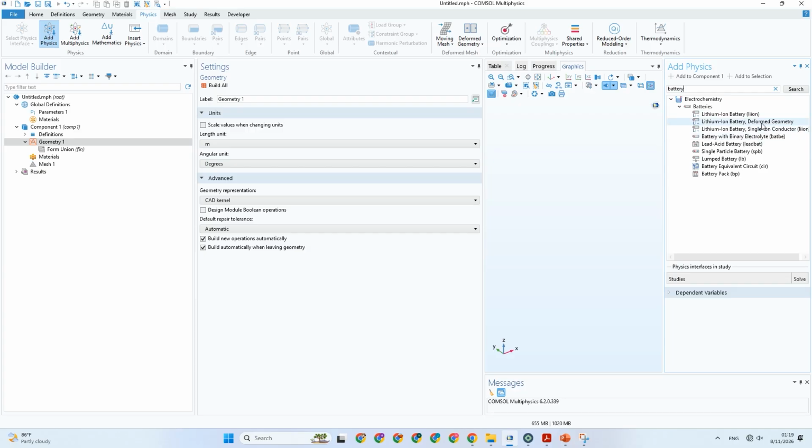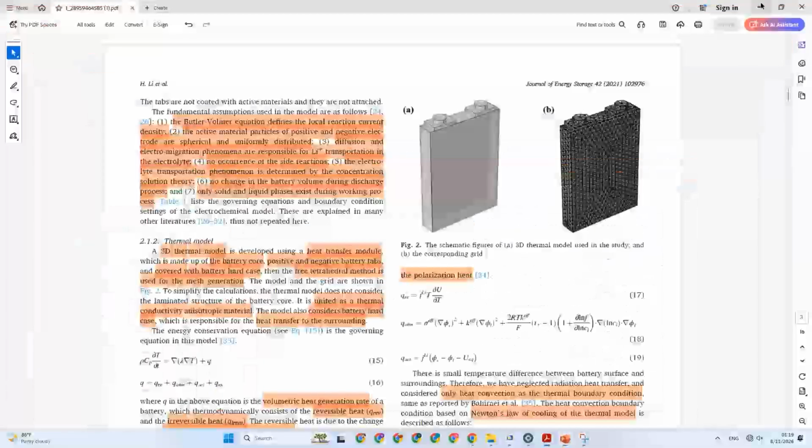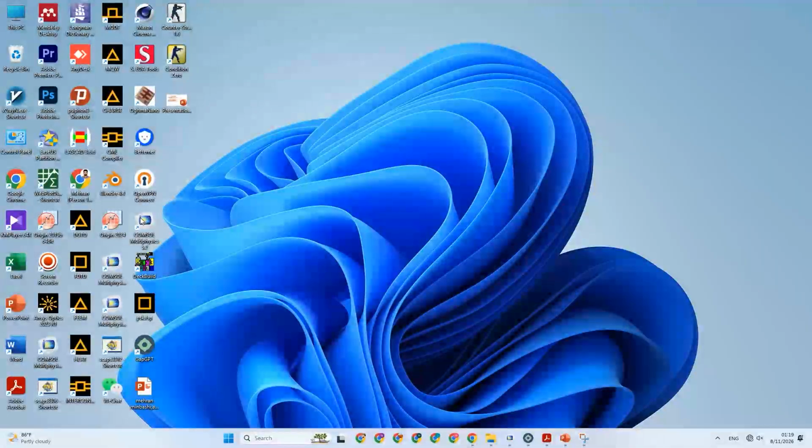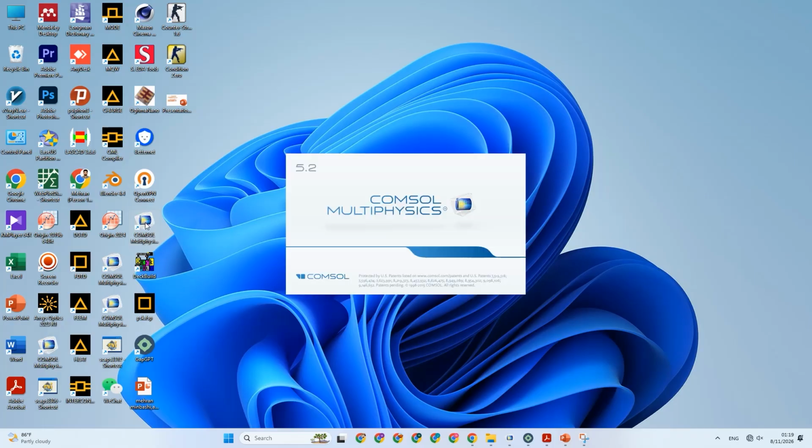Here we have lithium-ion battery, deformed geometry. Also, let me see that I have COMSOL 5.2. Let me check the equation of 5.2. Maybe some of the physics help us.